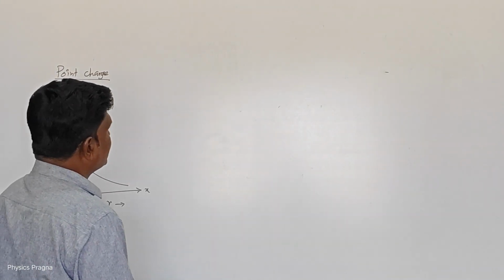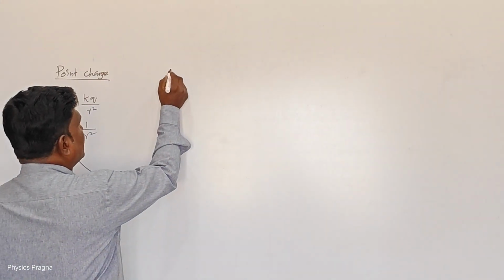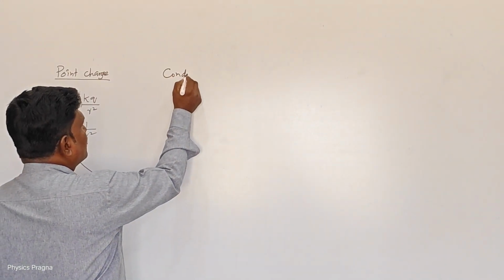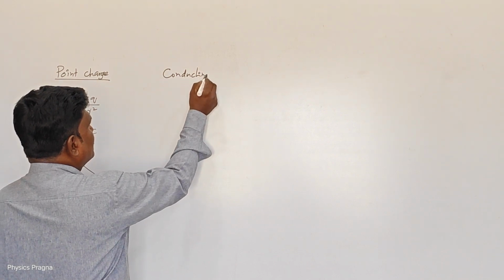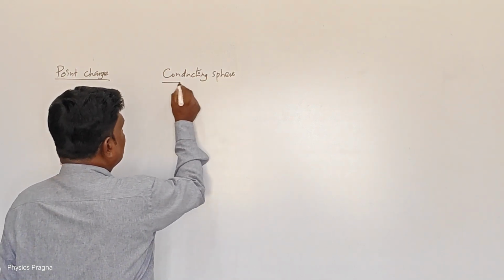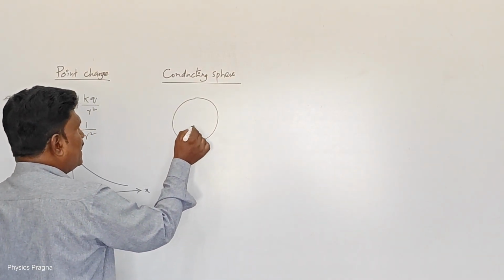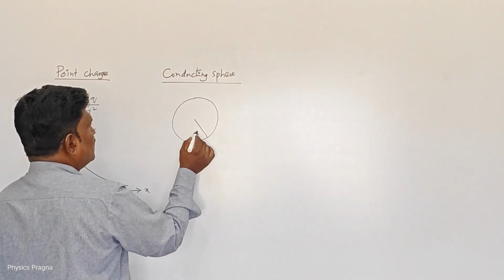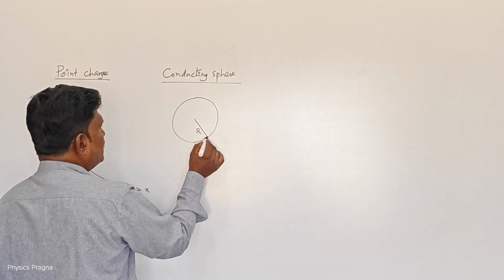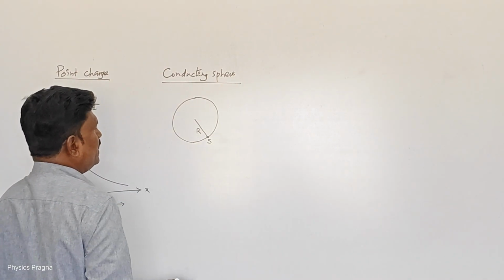What if an extended body is taken? So I have taken a conducting sphere. If I give a charge to a conducting sphere of radius r, this is the body, and this is a point on the surface of the body.